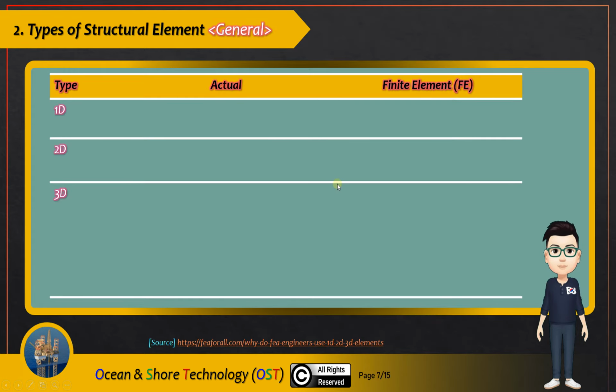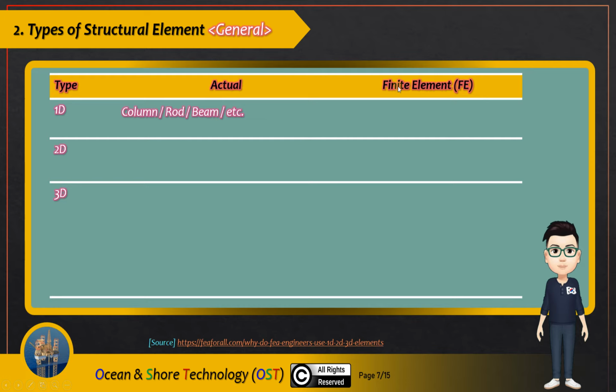Let's look at the structural element types. Basically we have 1D, 2D and 3D element types. We have column members, 1D slender members subjected to axial compression, 1D elements subjected to tension, and 1D elements resisting bending moment, that is the beam.